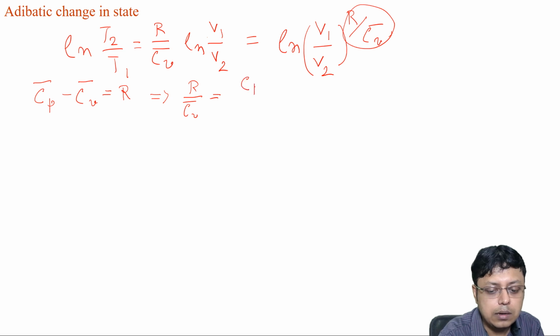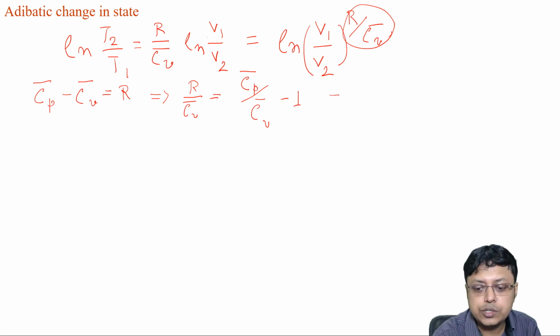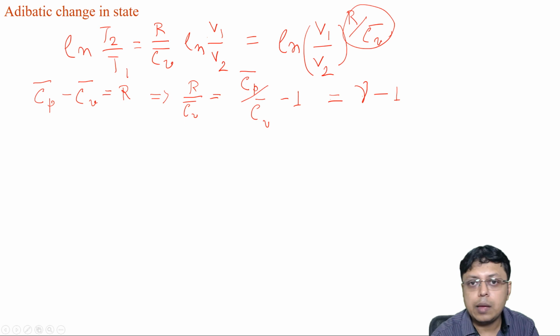It is nothing but the ratio of the molar heat capacities minus 1, and this ratio we denote with the symbol gamma. So gamma is the ratio of molar heat capacities Cp by Cv, molar heat capacity at constant pressure divided by molar heat capacity at constant volume.